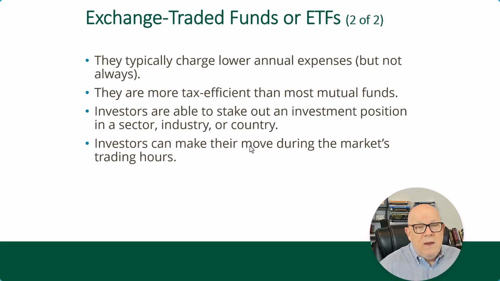So through an ETF, you can very quickly, anytime during the day, get exposure to a particular sector. So if at 2 p.m. you think, hey, I want to be in healthcare stocks, or technology stocks today, you can get it instantaneously. You don't have to wait to buy and sell the shares at the end of the day or the next day from the mutual fund company. You can buy them immediately during market hours.